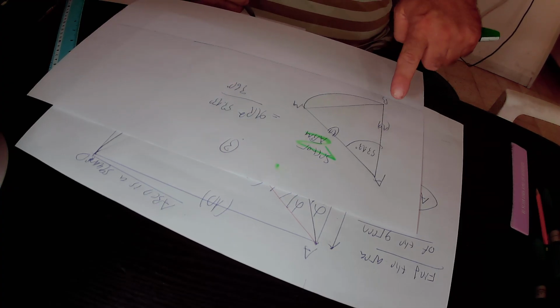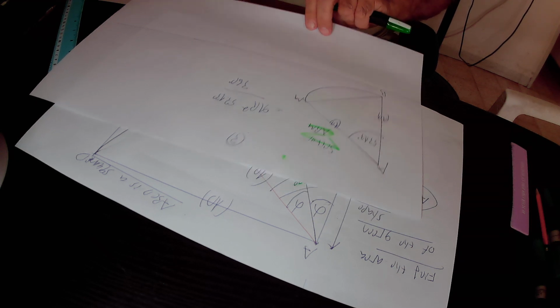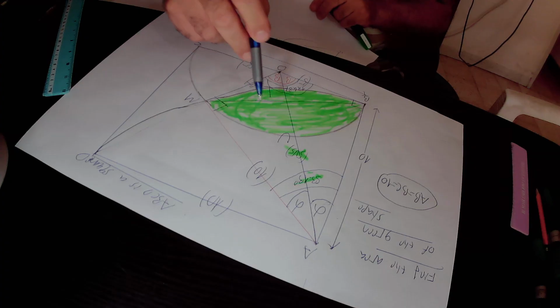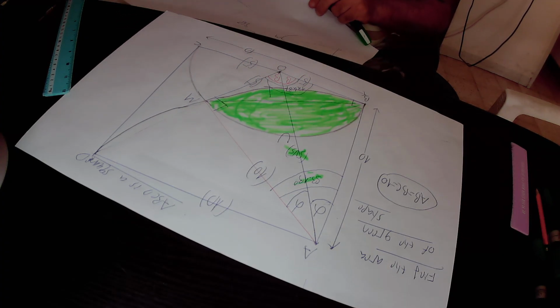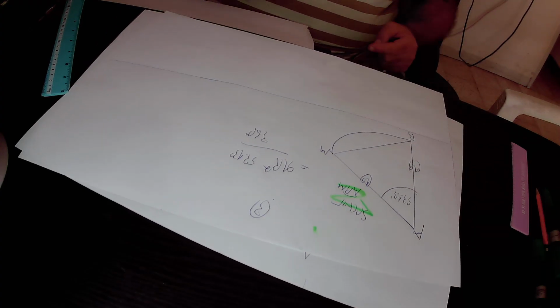The two legs of the sector, each of them is equal to 10. They are both the radii of the quarter circle. AB equals AM. They are both the radii of this quarter circle. The radius of the quarter circle equals 10. So R equals 10.